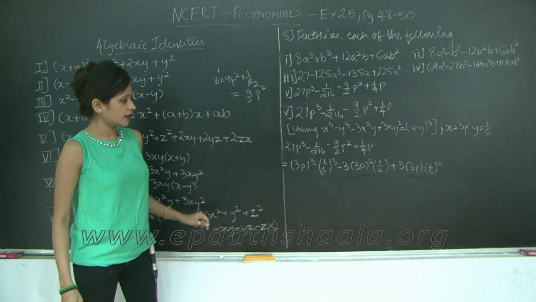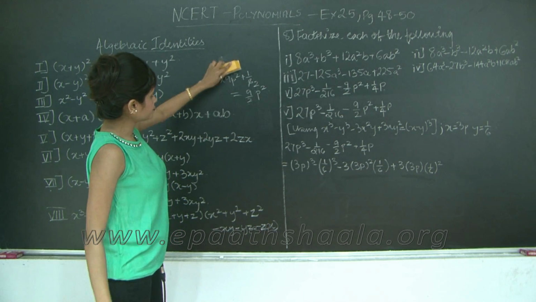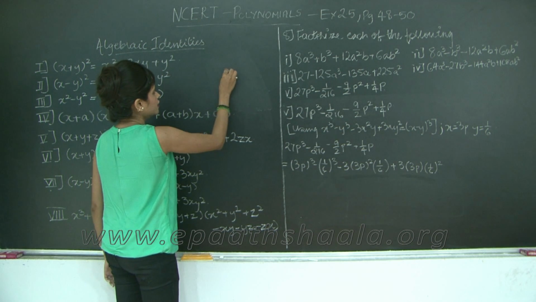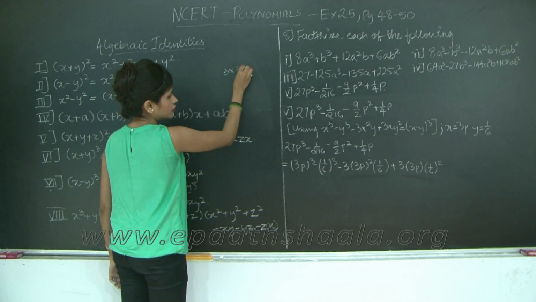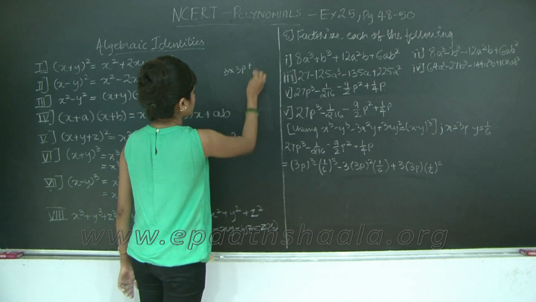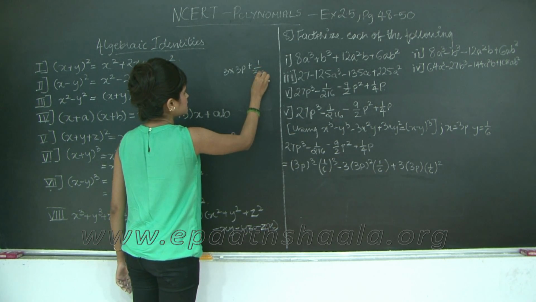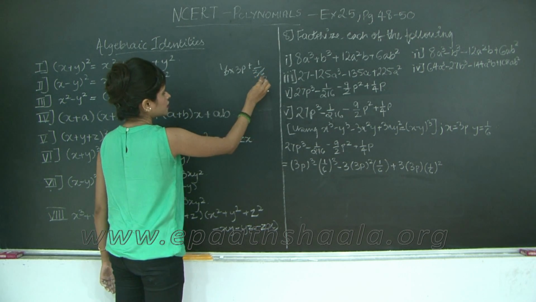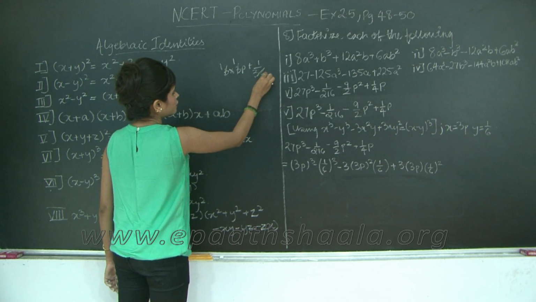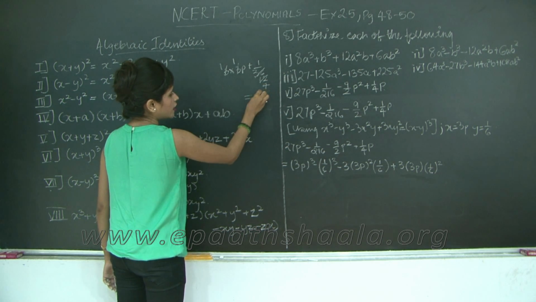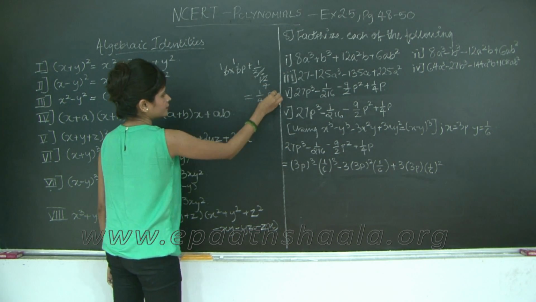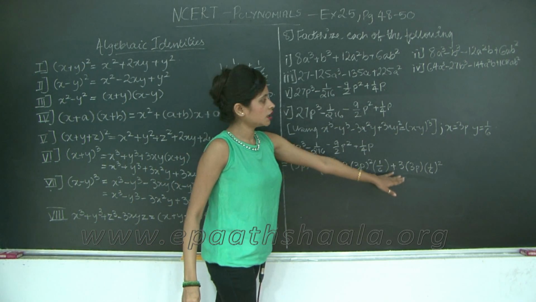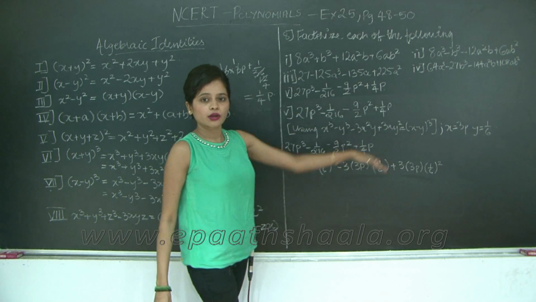Now let's check the fourth term, which is 3 into 3p into 1 upon 6 the whole square, which is 1 upon 36. So 3 1s are 3, 3 12s are 36, 3 1s are 3, 3 4s are 12, which is 1 upon 4p.